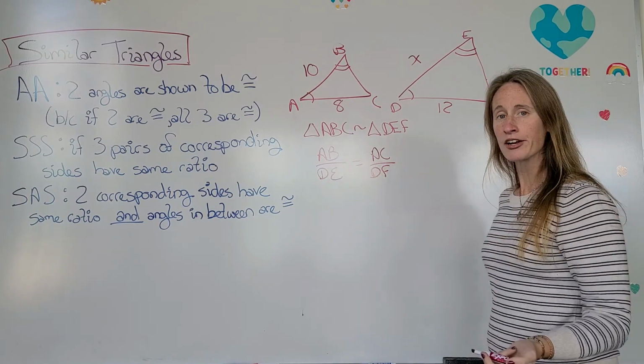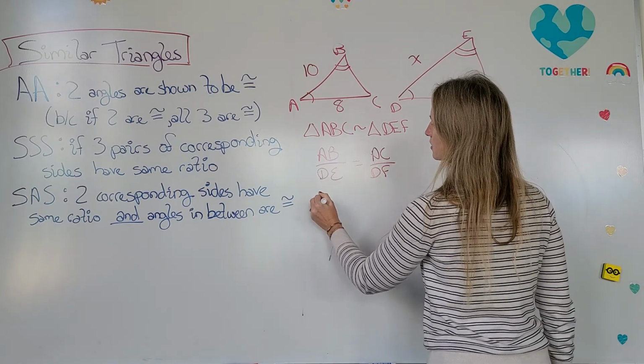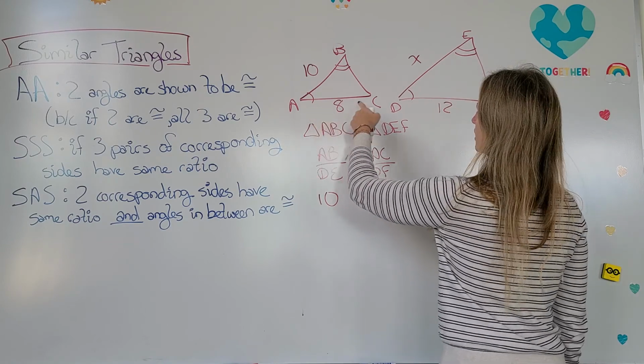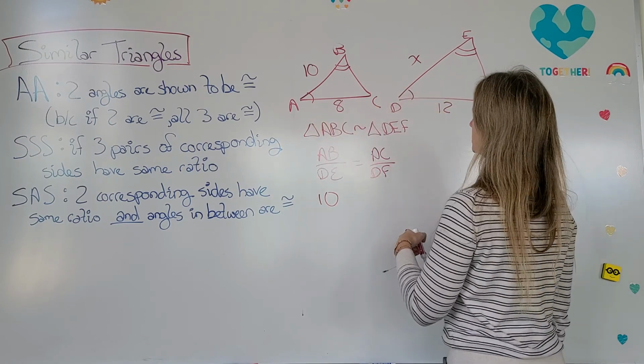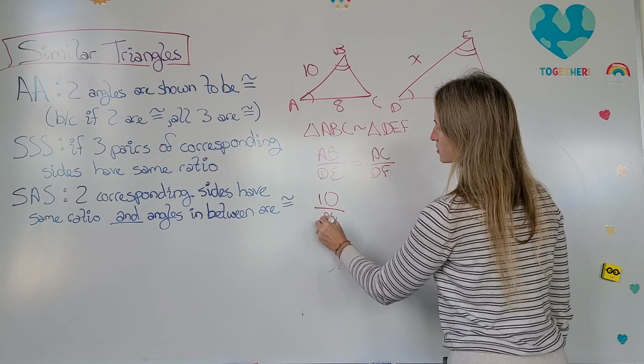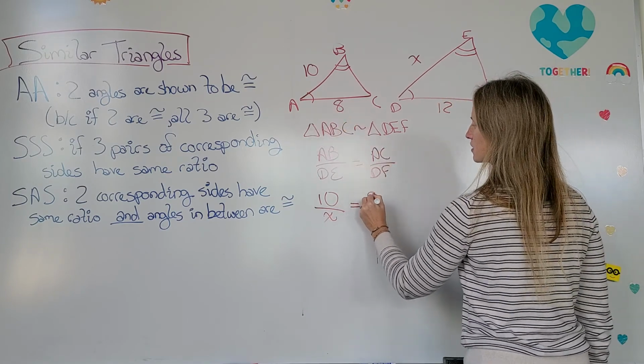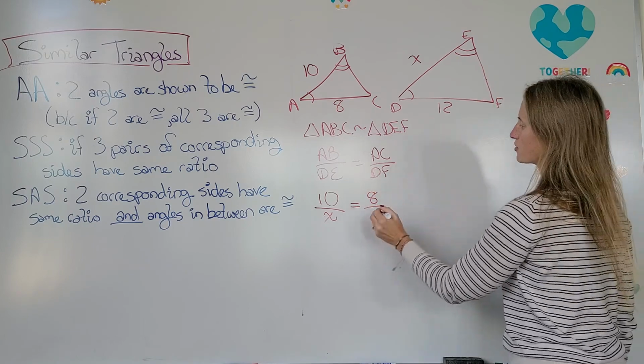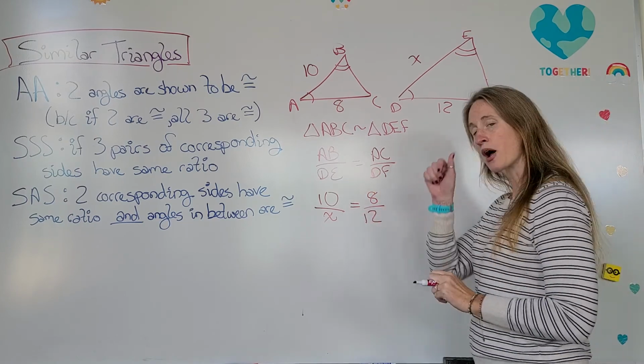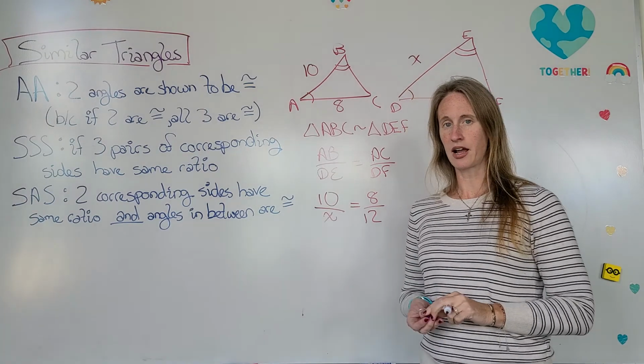So I plug in what I know. AB is 10, and I don't know what DE is, so that's going to be our X. And then AC is 8 over DF is 12.